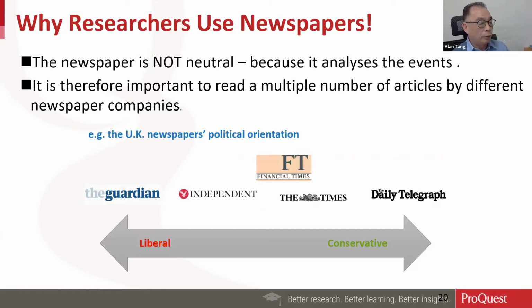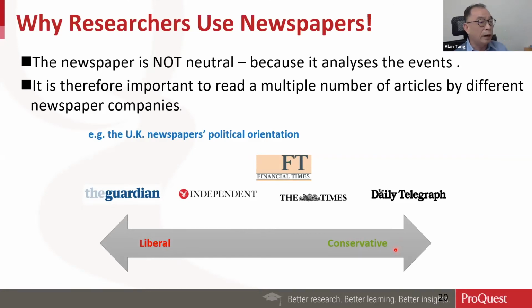For example, I list a few newspapers from the UK: The Guardian, The Independent, the Financial Times, the Times, and the Daily Telegraph. Why do I say they're not neutral? Because, for example, The Guardian is more liberal, and the Daily Telegraph is considerably more conservative.